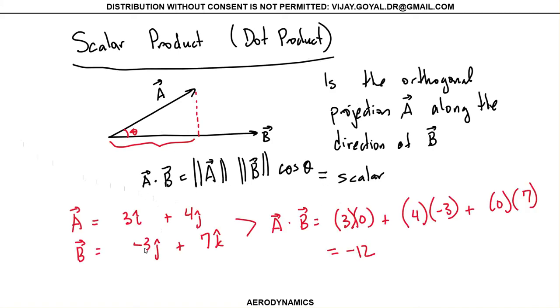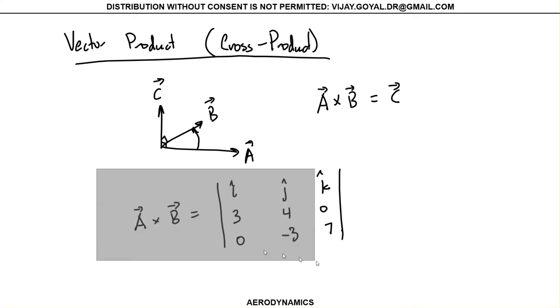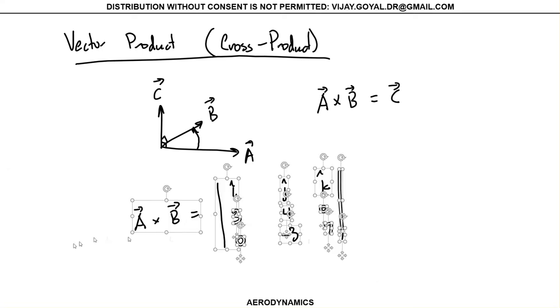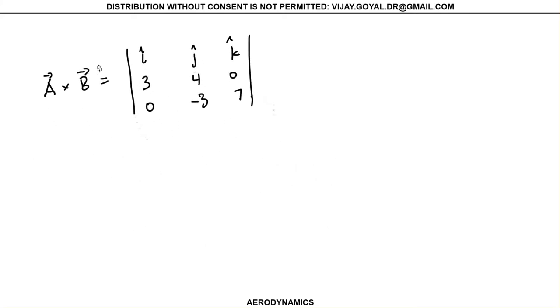Then you get here 0, minus 3 and 7. So these are the vectors I have. How do you solve this cross product? You have to do it in parts. The solution is very easy.